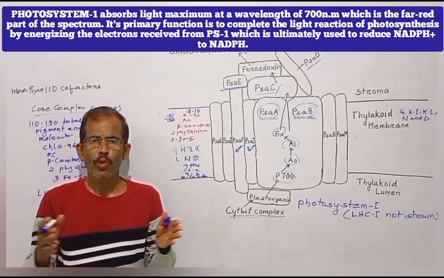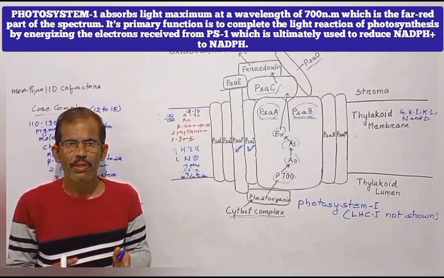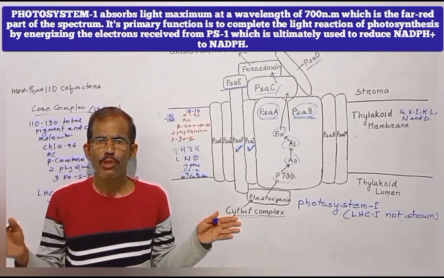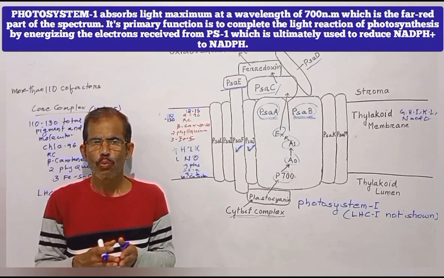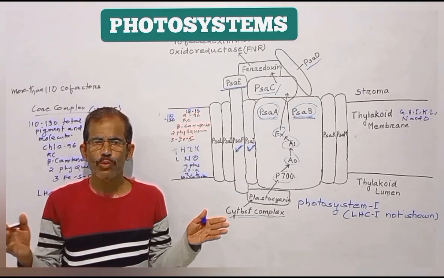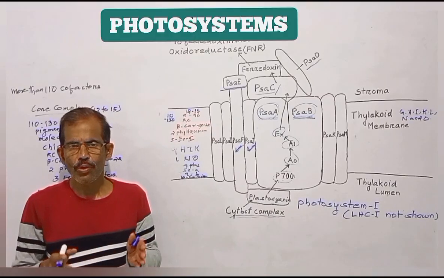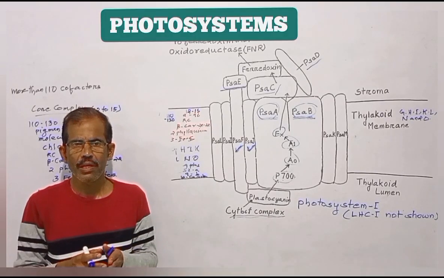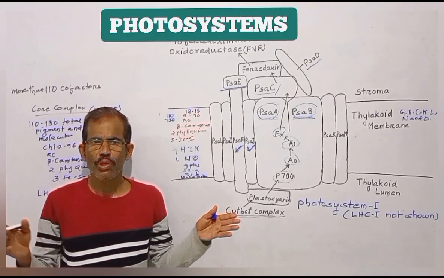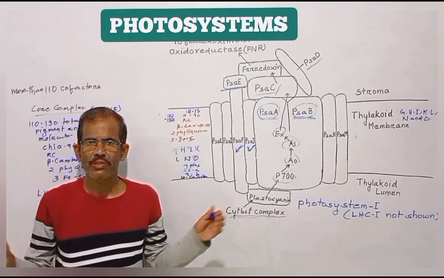The pigment molecules present in the core complex include 96 molecules of chlorophyll A, one reaction center, and 20 to 22 molecules of beta-carotenes. The core complex also contains 2 molecules of phylloquinones and 3 iron sulfur clusters.